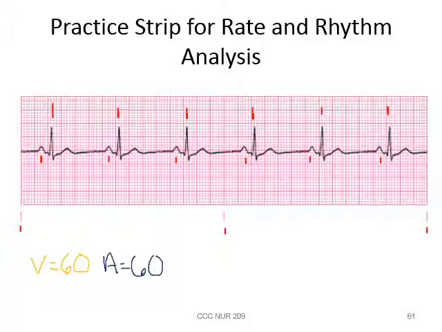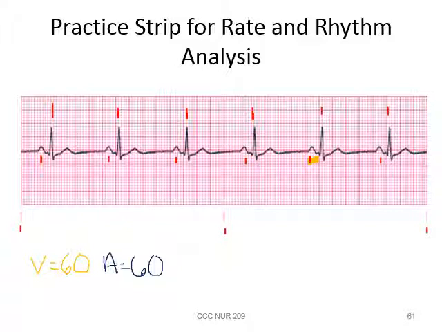We're going to look at our PR interval. So the PR interval, whoops, I don't want that, I want that. So we look at the PR interval. It's coming from here to the beginning of the P wave. So we can see that's about 4 boxes. 4 small boxes is 0.16 seconds.